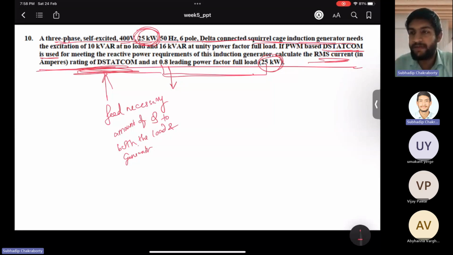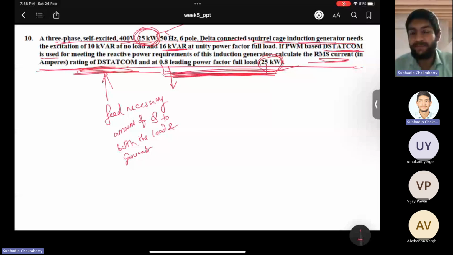Is it pushing some active power to the load? Anyone? No, because the induction generator is supposed to do so. Both are 25 kilowatts at full load. The only job of the DSTATCOM in that case is to feed the reactive power. Whatever reactive power is required, the information is already given to you for the load as well as for the generator.